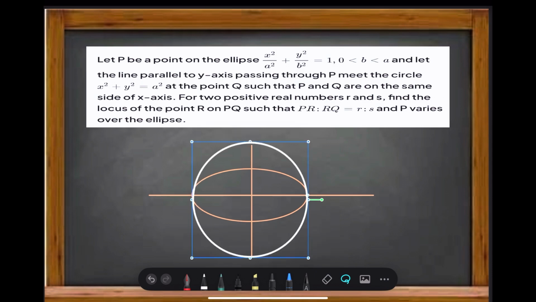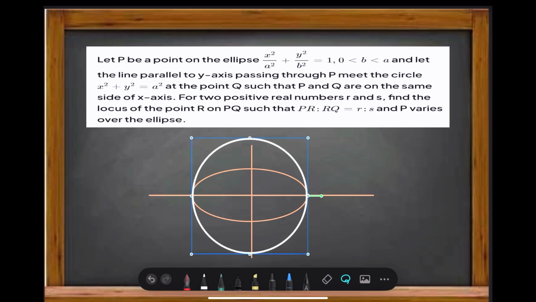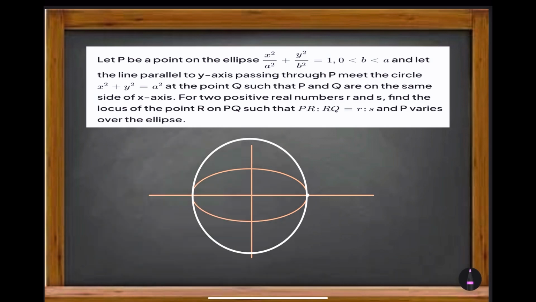So let's try to draw the diagram. Done. Okay, so we have our circle. Now let a line parallel to the y-axis passing through point P meet the circle at Q such that P and Q are on the same side of the x-axis. Okay, so can I go with this line?